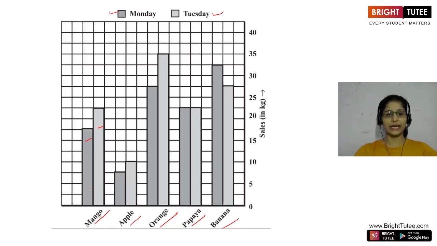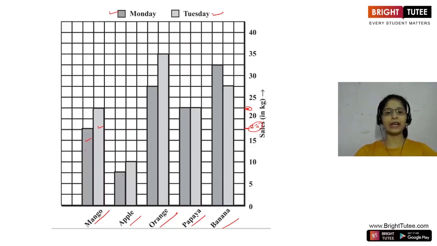So on Monday, the first one is mango. The sale of mango, just see here, it is 15, and we have a gap of 5. So 15 plus 2.5, it will be 17.5. So 17.5 kilogram on Monday, and on Tuesday, just see, it is 22.5, right? So the comparison between the sales is shown, of different fruits, like mango, apple, orange, papaya and banana.